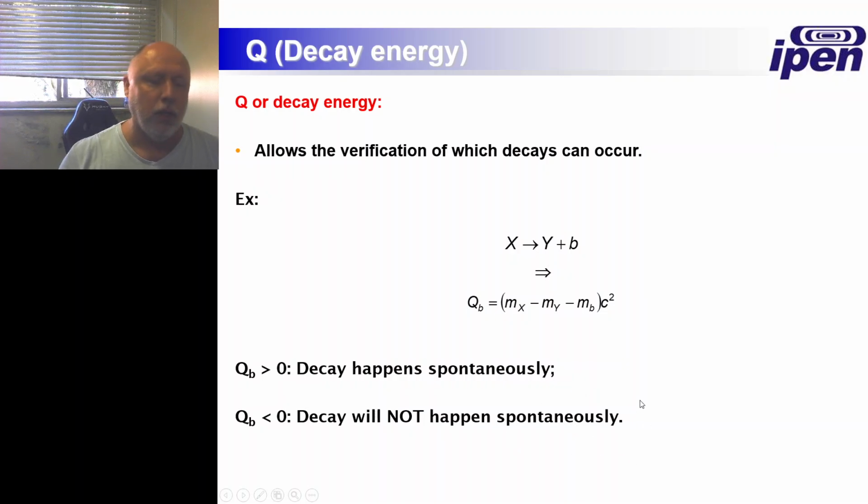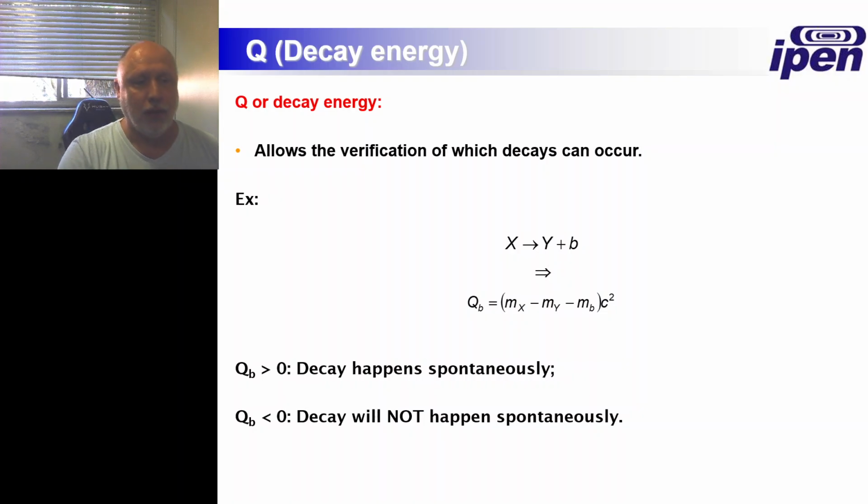And by spontaneously, I mean, okay, we'll talk somewhere later in nuclear reactions, then you have particles to bring that energy into the system, and these things can happen. But with an isolated nucleus here, it will not happen because it doesn't have the energy to do that.